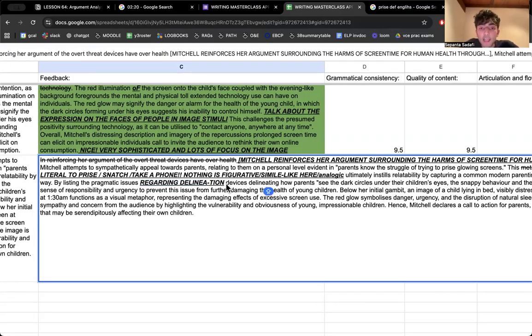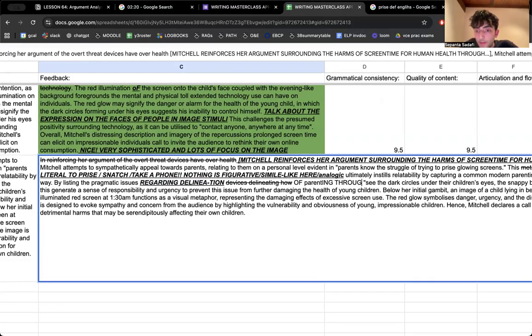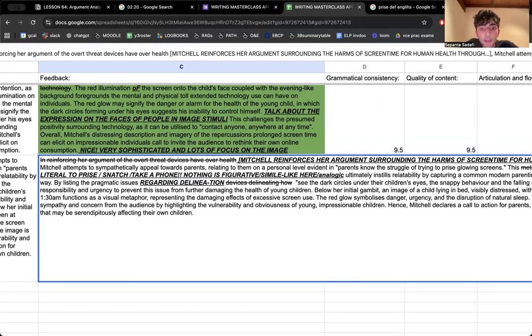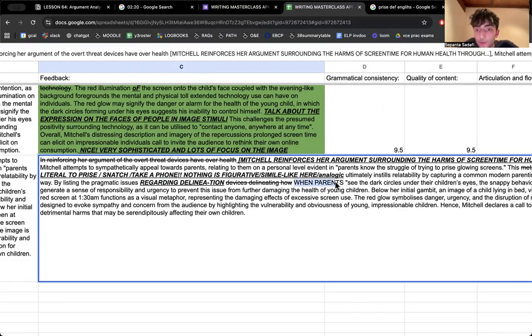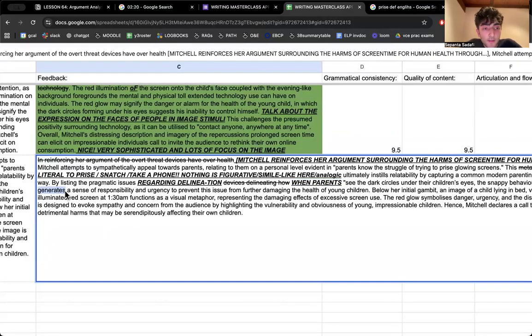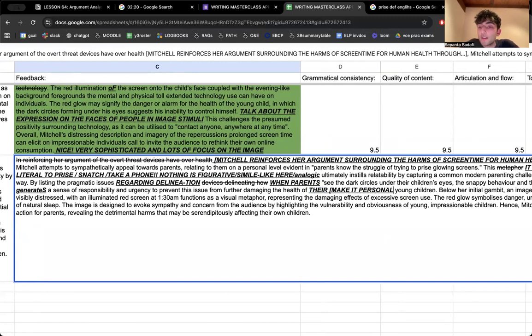Issues regarding delineation of parenting when parents see dark circles. Put it that way. The snappy behavior, this generates a sense of responsibility and urgency to prevent this issue from further damaging the health of their own young children, right? Make it personal here, right?